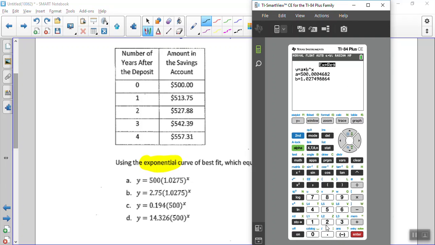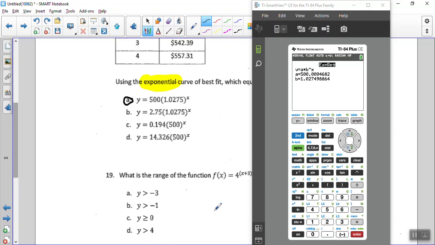Alright, so it gives you the exponent. Remember, the caret button means it's the exponent. It has an exponent of x, so the number b has an exponent of x. Anyway, we're just gonna look for this number. So it's 500, 1.275. This is the closest. Okay.